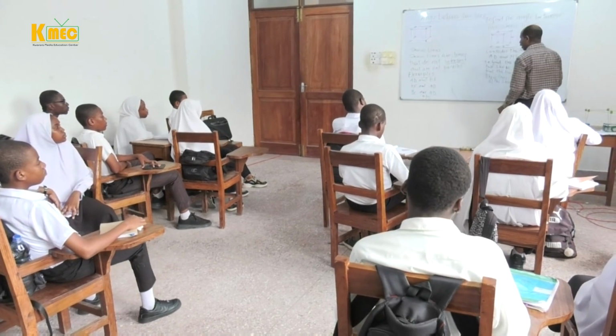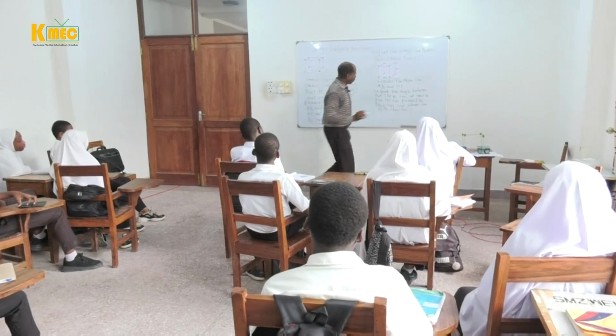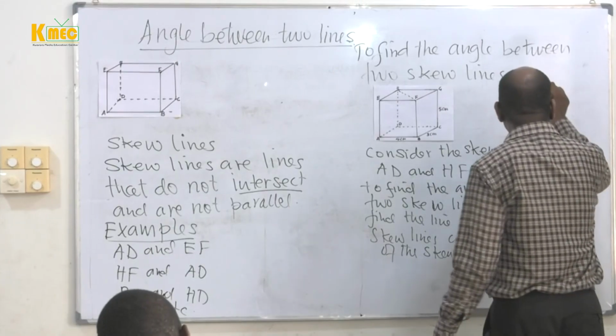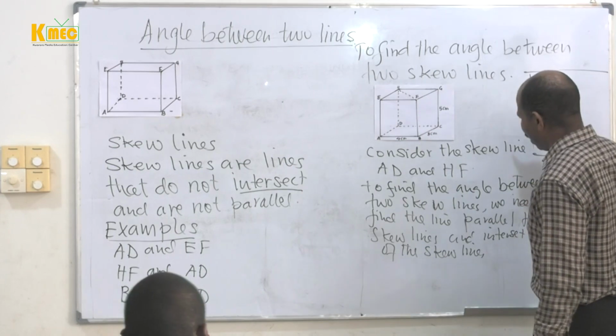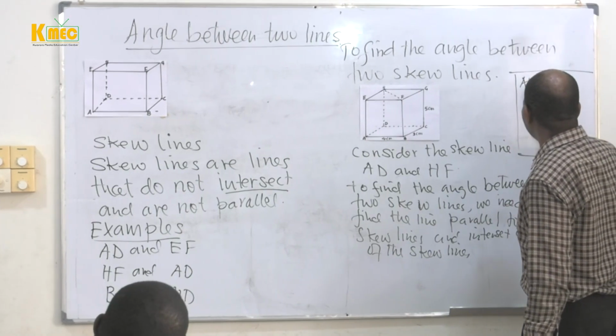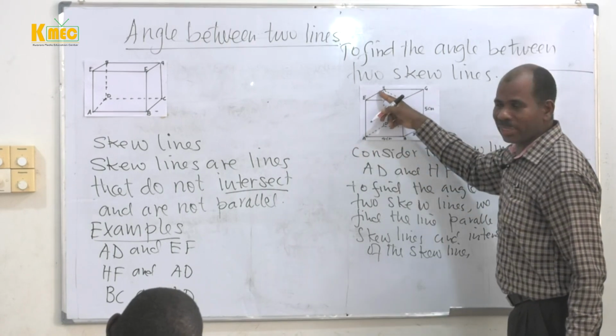So now, are you through this part? Yes. Okay. For our case, we have the line AD, and we transfer it to EF.